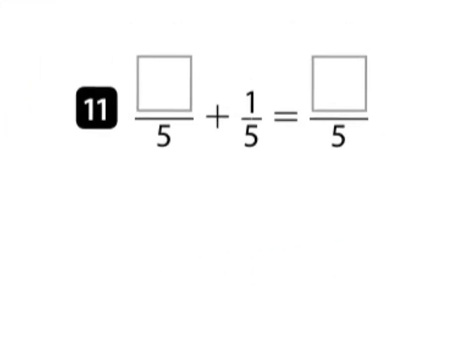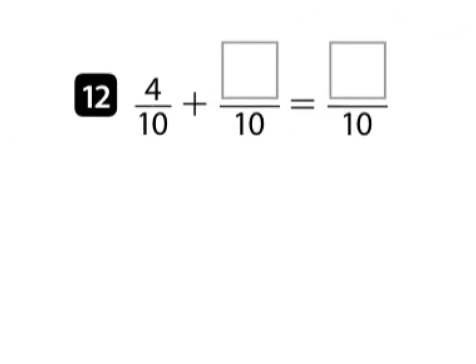Alright, number 11. Blank fifths plus 1 fifth equals blank fifths. Here again, you can start with either one you want. On this, I'm just going to put a 10 right here. 10 fifths plus 1 fifth equals 11 fifths. Our denominators stay the same. 10 plus 1 gives me a sum of 11. 11 fifths is my final sum.